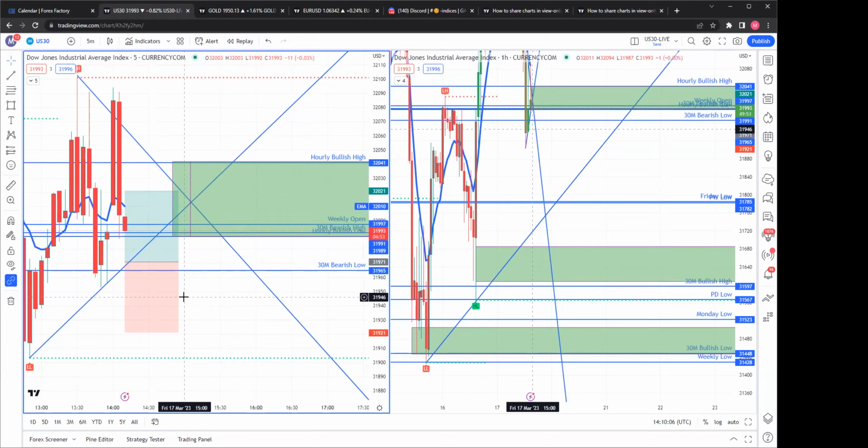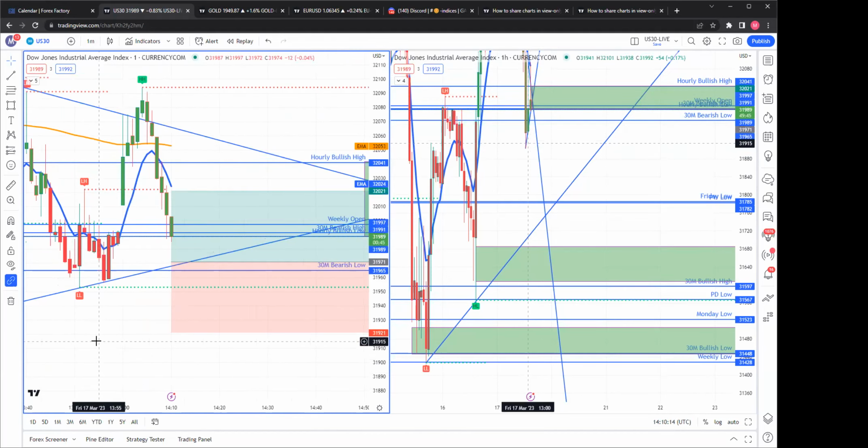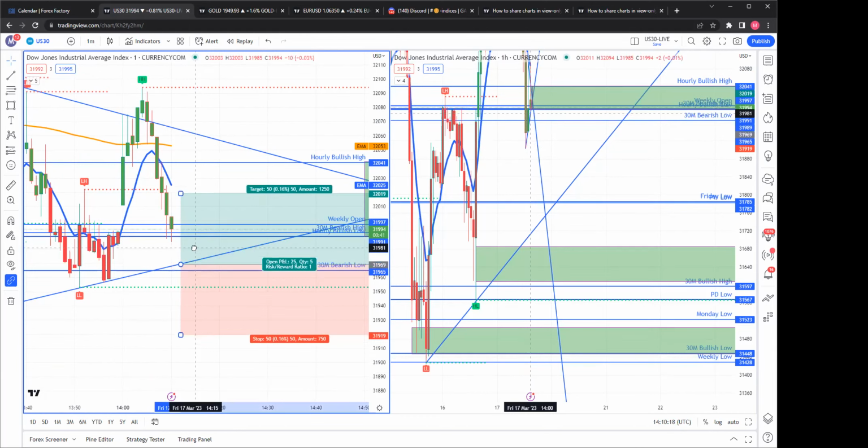So the gap has been filled. So here is where I'm going to go in the 1 minute. I want to see what price will do on the 1 minute at this trend line. So I need a perfect retest and closure above. So same thing here. I don't need any 1 minute candle closing.